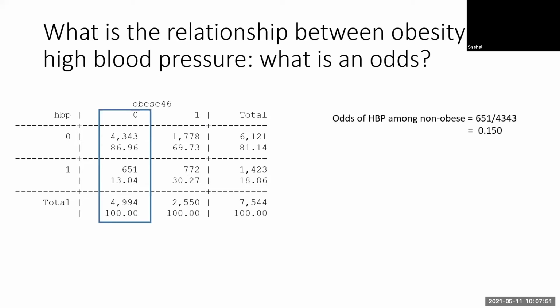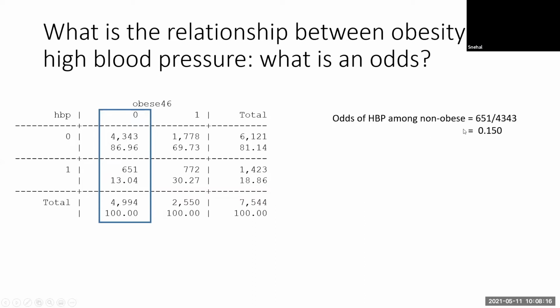So the odds of high blood pressure among the non-obese is the number of people who have high blood pressure and are non-obese, so 651, divided by the number of people who are non-obese and don't have high blood pressure. So that's 4,343.